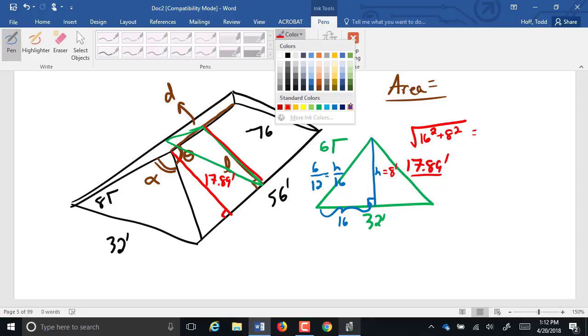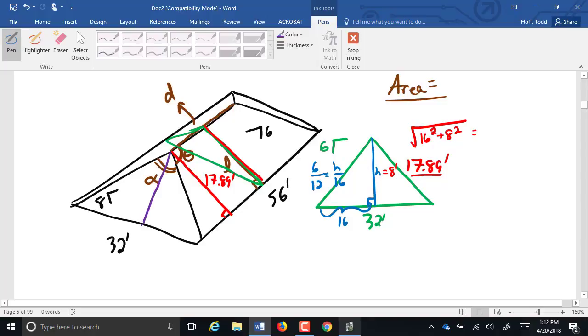Now, the next triangle I'm going to look at is going to be on the hip roof here. Actually, it comes down to the center of that hip roof. That's going to be our longest jack. I'm going to draw this triangle in here sunk down into the roof. So if I look at that triangle, what dimensions do I know of that triangle?